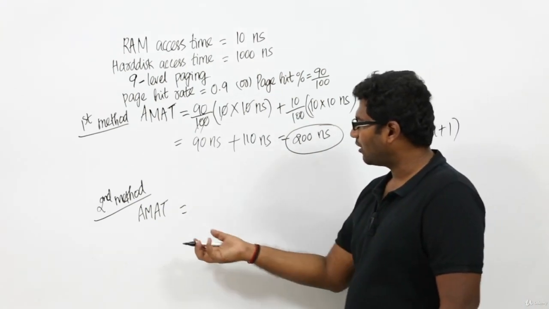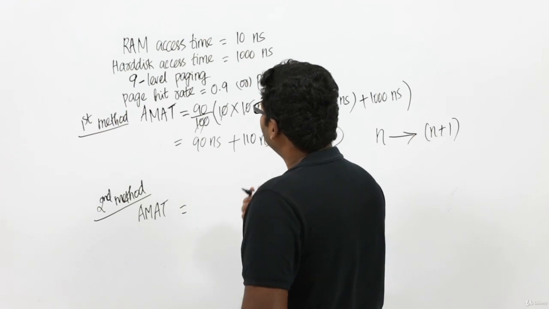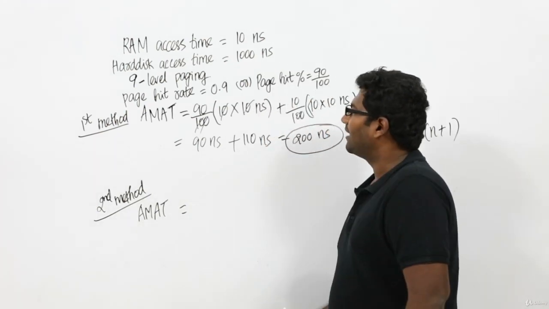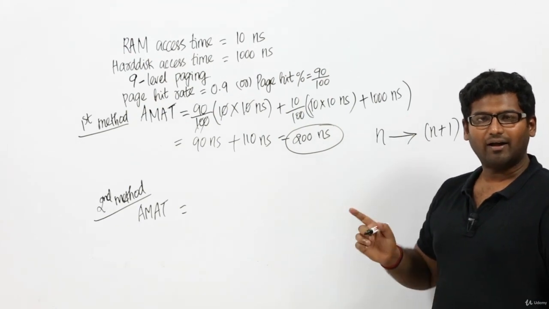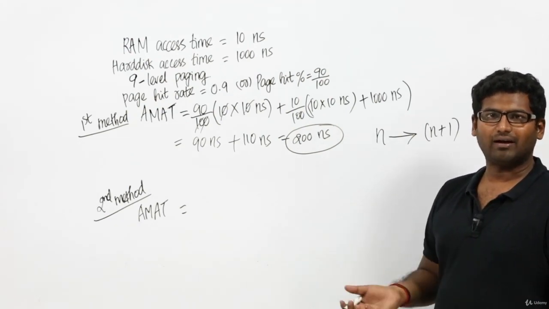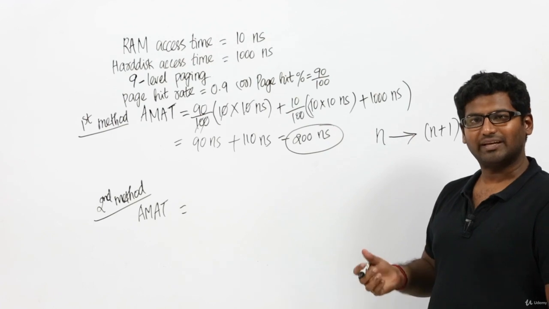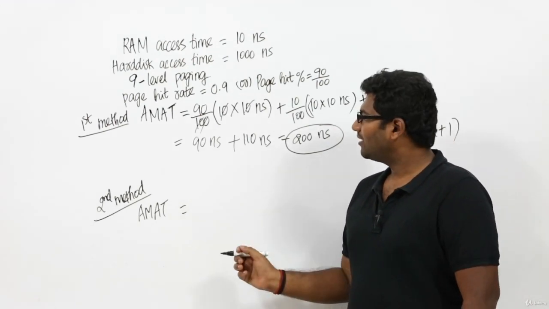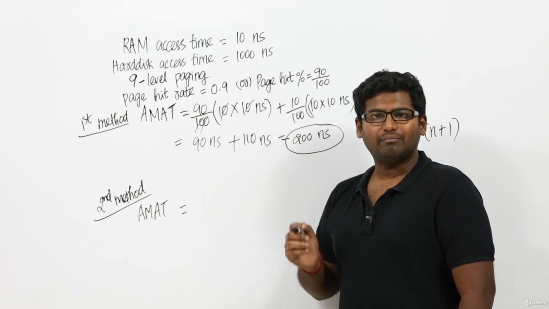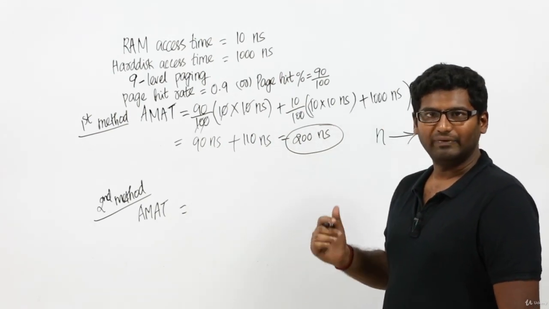Now let's solve using the second method. Coming to the second method, definitely I need to access the 9 levels of page tables, and also I need to read the data from our RAM, which means I need to read the byte of process from the RAM. So totally it will take 10 memory accesses always, 100% of the times.